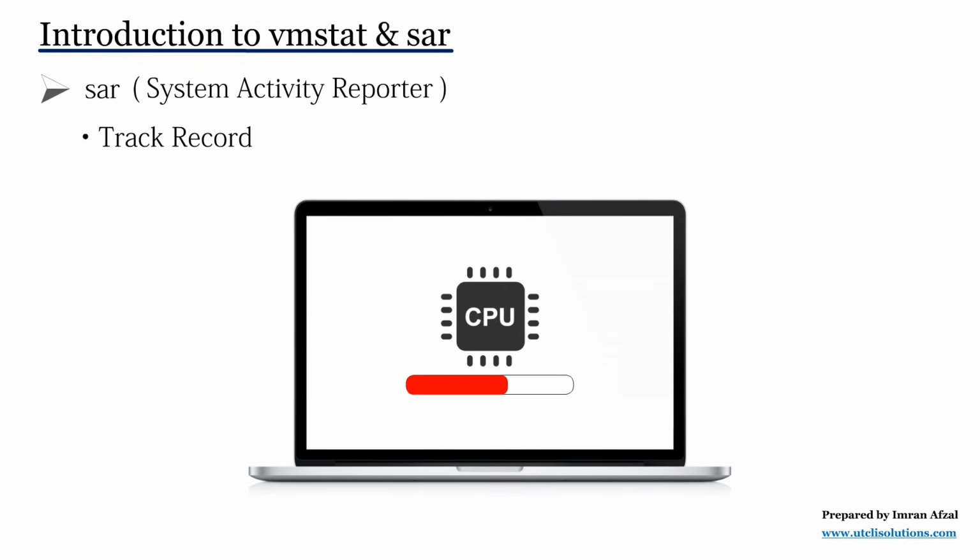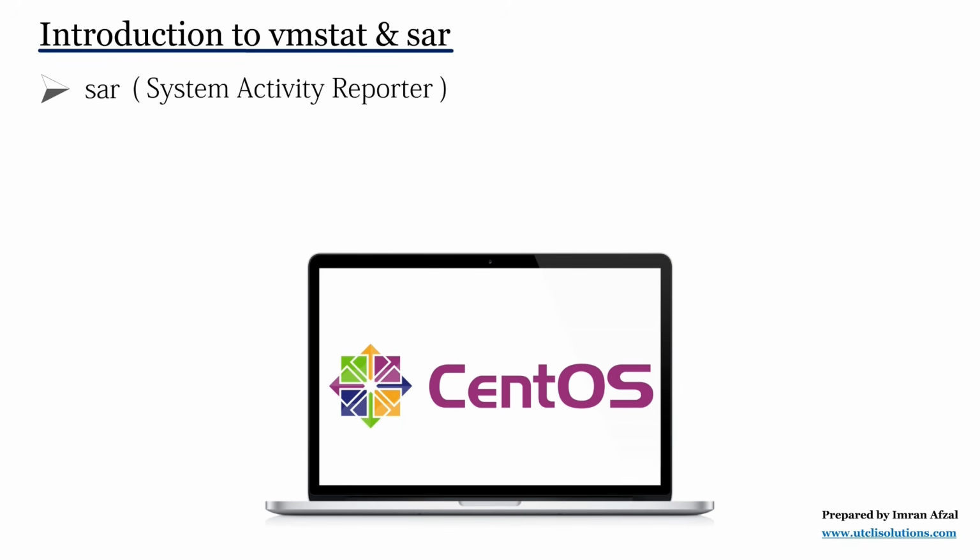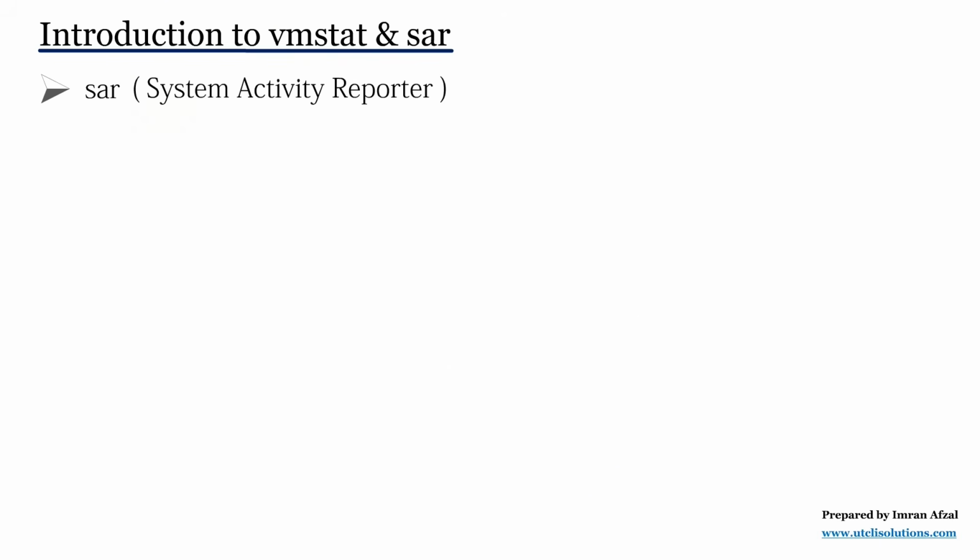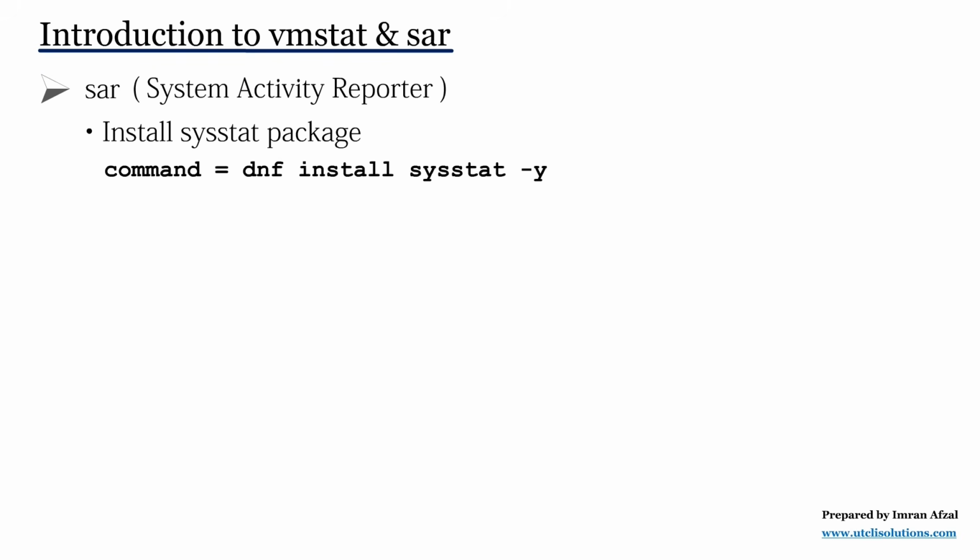It keeps track of what happened, and later you can check if your system was overloaded, slow, or behaving strangely at any time. Unlike vmstat, SAR is not built in on CentOS by default, but the good news is that you can easily add it by installing sysstat.